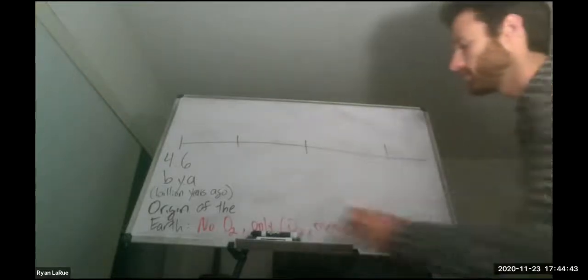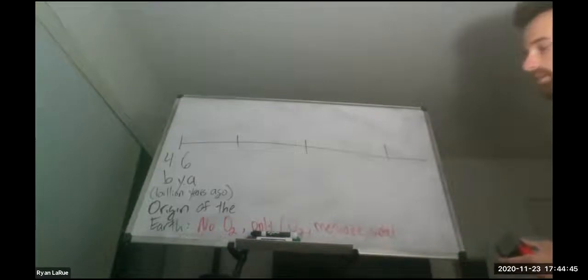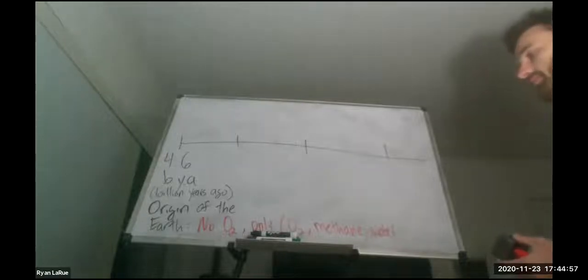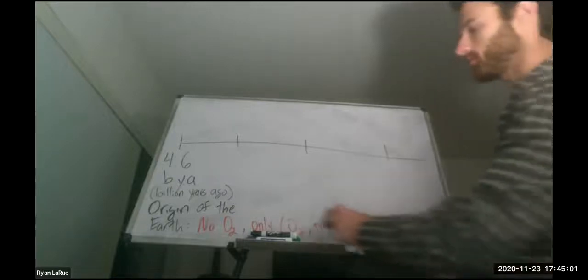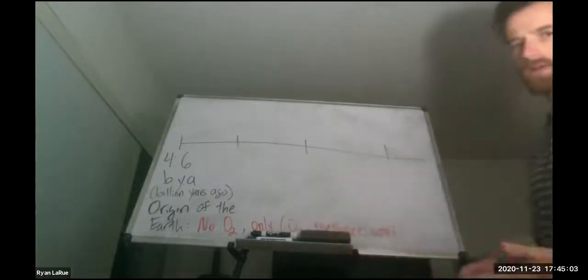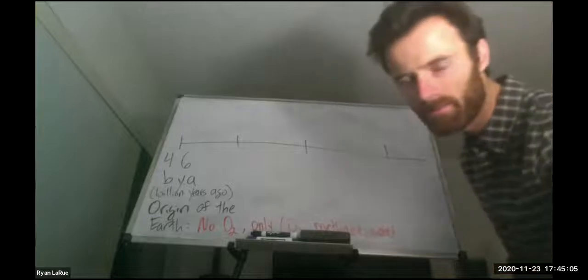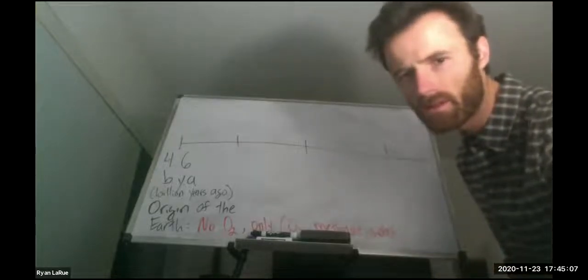No, my eraser's in the way. There's nitrogen gas, those kinds of things, but no oxygen. That'll be important in our story. There was no oxygen, but there was water.